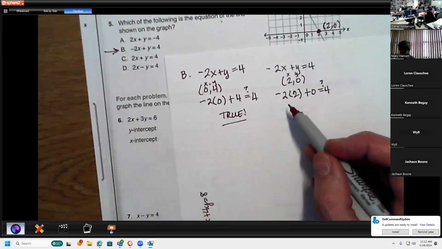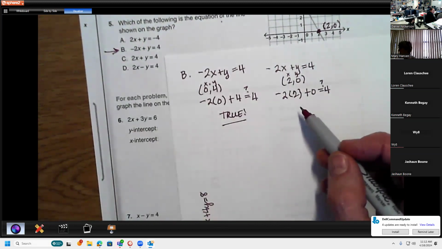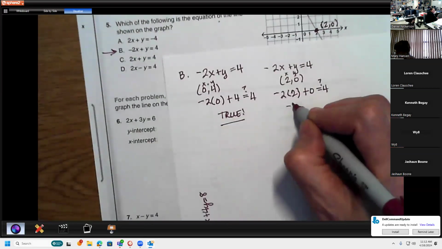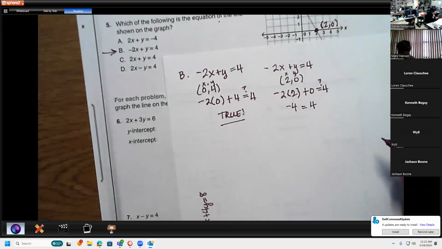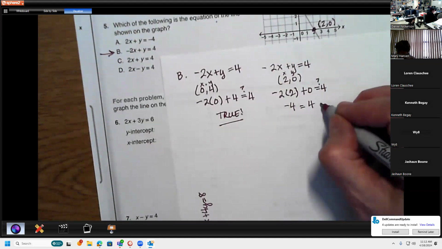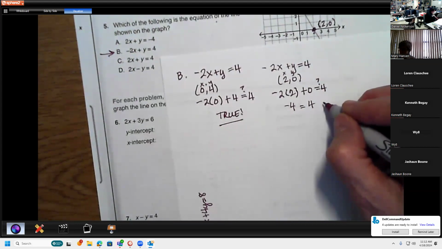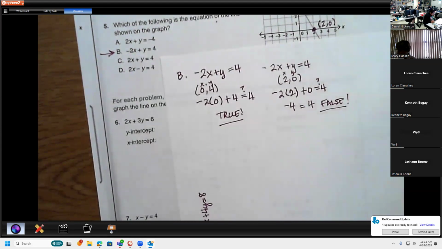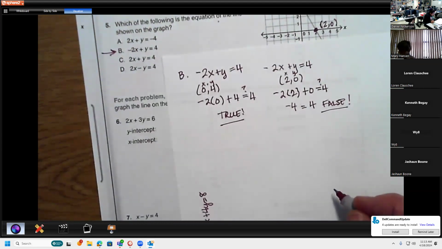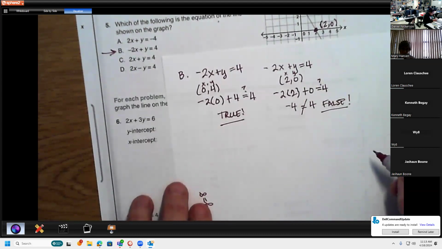Negative 2 times 2 is negative 4. Is negative 4 equal to 4? No, negative 4 is not equal to positive 4. Those are not equal. Okay, so B actually doesn't work.